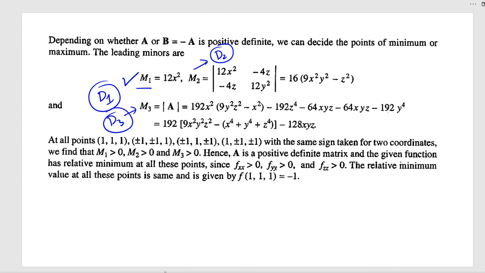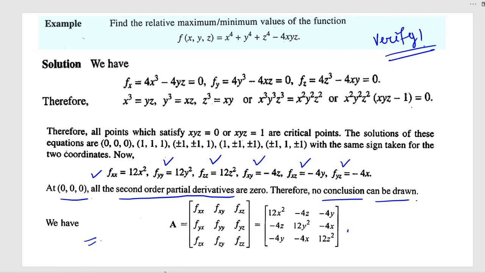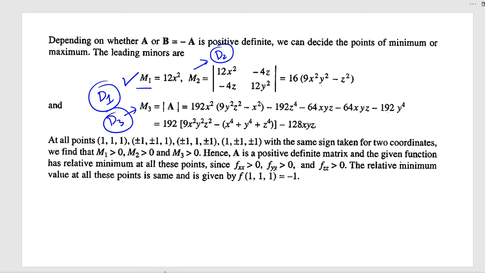So if you try to calculate the stationary points at this, whenever two coordinates have the same sign, then M1, M2 and M3 will be positive, because minus 1 into minus 1 will be plus. So these points are actually a positive definite matrix. That means the function will have a minimum point.